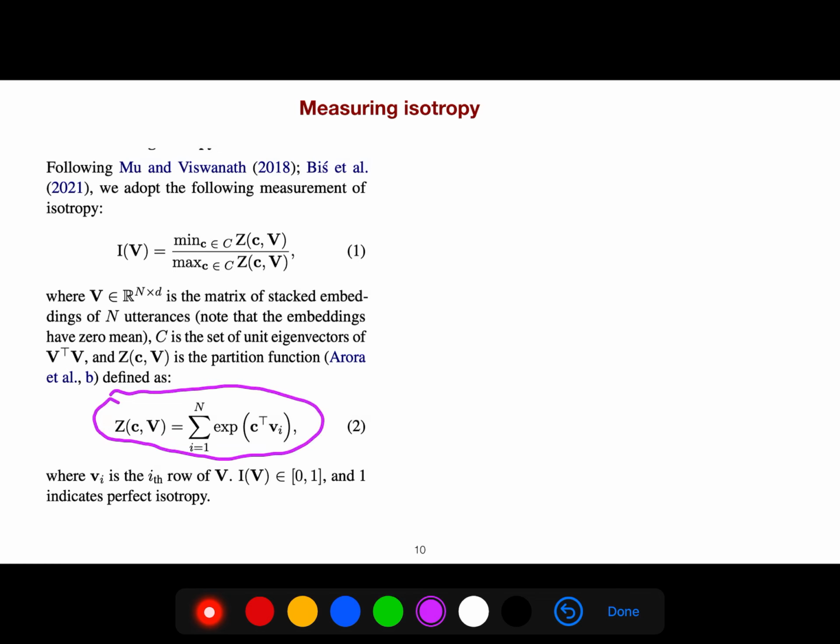And V is just a matrix of stacked embeddings of n utterances. C, this capital C here, is a set of unit eigenvectors. So we are minimizing or maximizing over all possible eigenvectors of V transpose V.